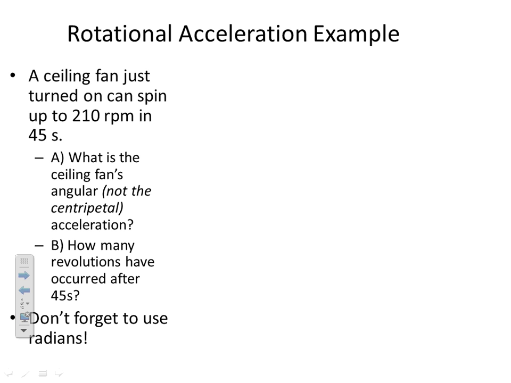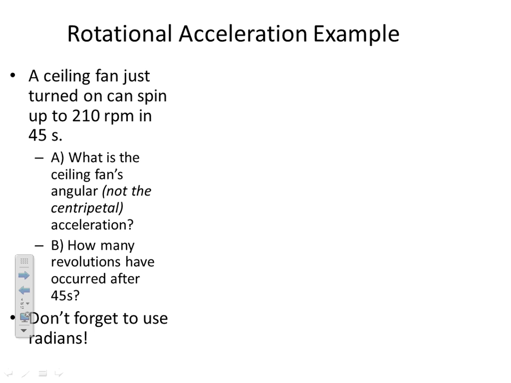Okay? So just like with linear, acceleration is delta v over delta t. All I have to do is say delta omega divided by delta t. Yes? Okay? So the 22 radians per second minus 0 because final minus initial, right? Okay, and dividing by the time, which was 45 seconds, that gives me approximately half a meter per second squared.